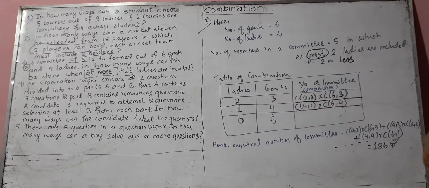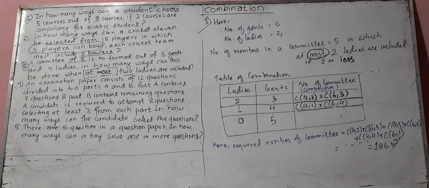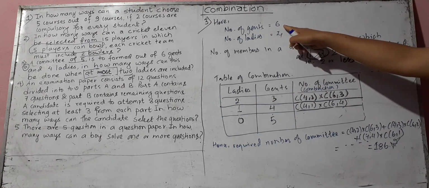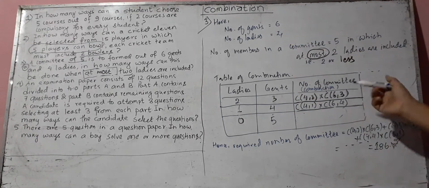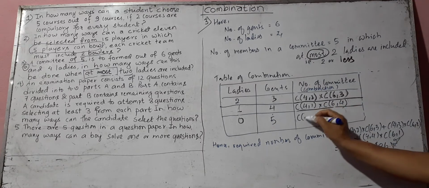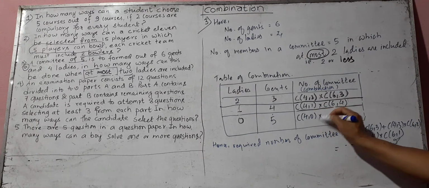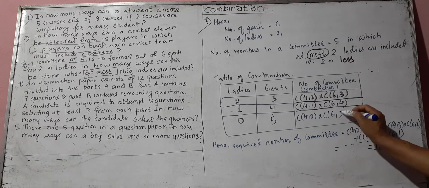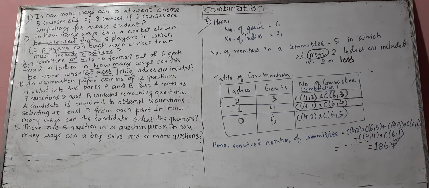All 5 members are gents from the 6 gents, so we write C4,0 into C6,5.